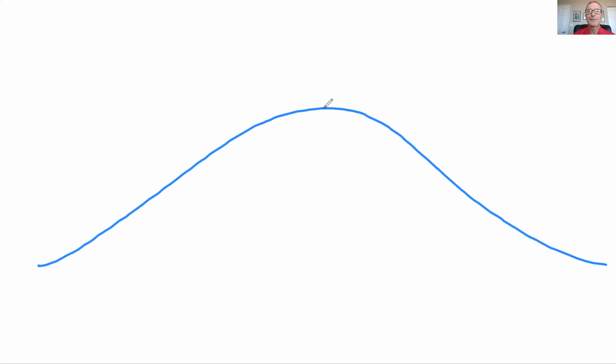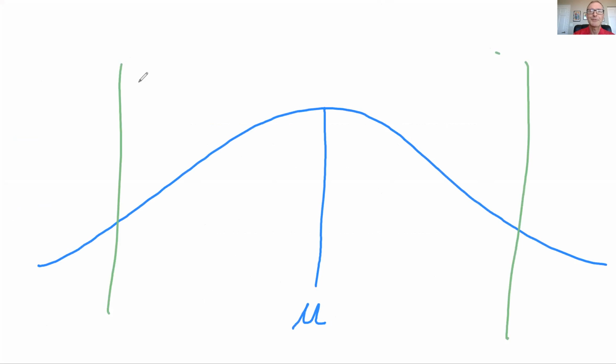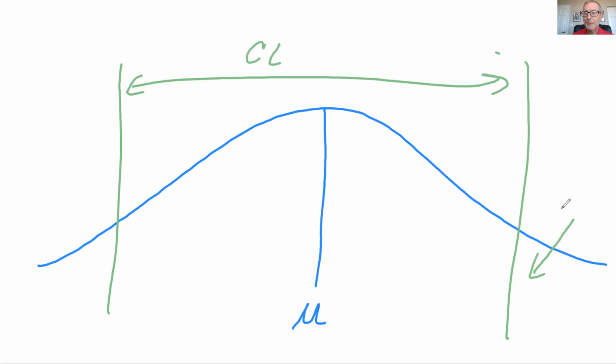If this is our mean, and we have a confidence interval that looks like that, some sort of percentage, I'll call that our confidence level. This is what we call our tails. This is called the right tail, and this is called the left tail. These are the percentages or probabilities that we are going to be calculating when we do the hypothesis testing.